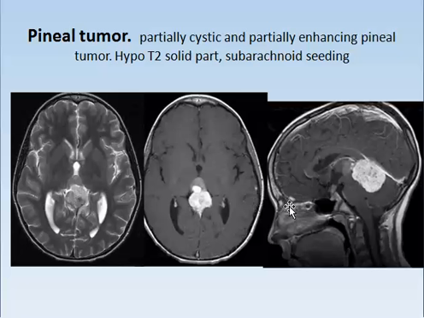Here especially it is evident and could not be mistaken, and this is a pineal tumor. It could be a germinoma, an enhancing solid mass at the region of the pineal body. In an adult, it is a germinoma until otherwise proved.